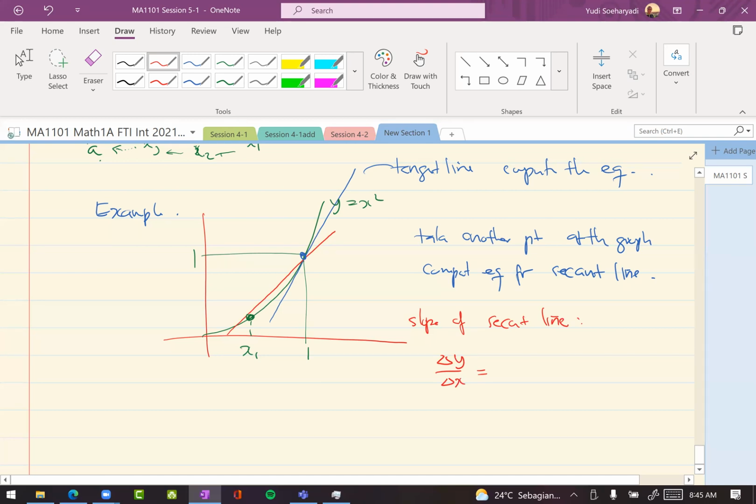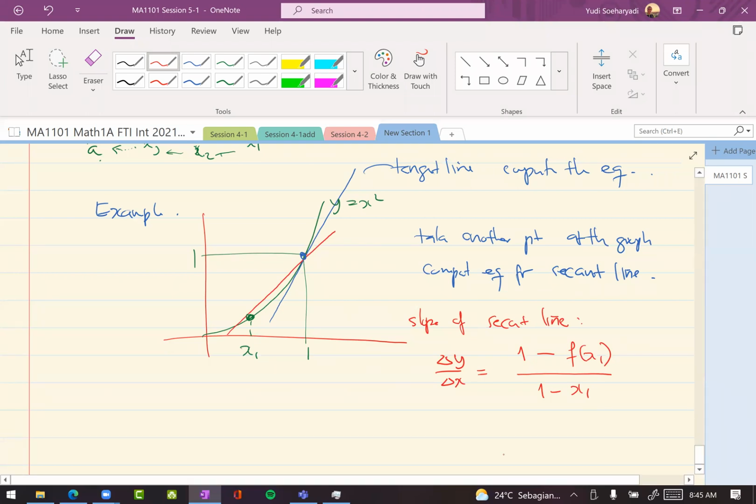The difference between 1 and f of x1, and the difference in x is 1 minus x1.